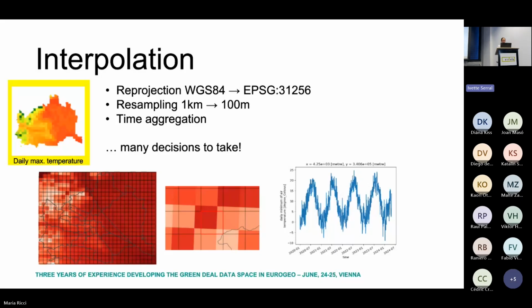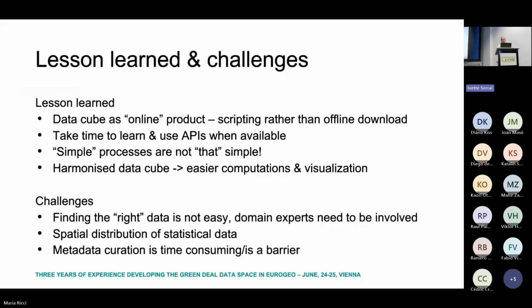So that was what I was telling before about the lessons learned: you can produce final data, but then write all the metadata, or you can just provide the recipe, the pipeline, the script that you used to produce the final data. So that was the lesson learned about using scripting rather than fixed, offline products.